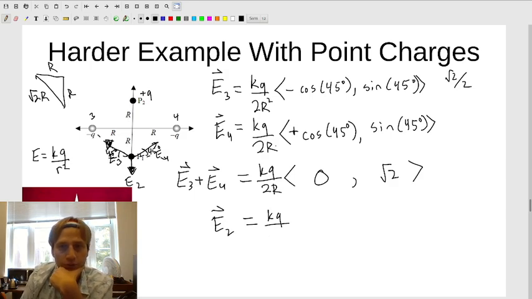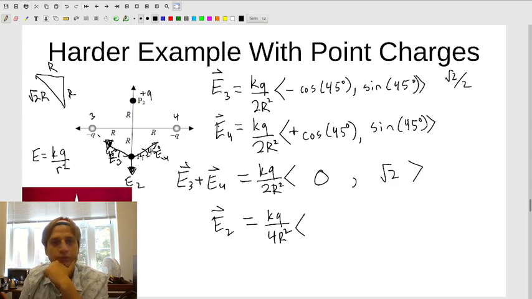Whoops, I left off my squared. This should be 4R squared. And it's going to be pointing entirely in the minus y direction, so 0, minus 1.